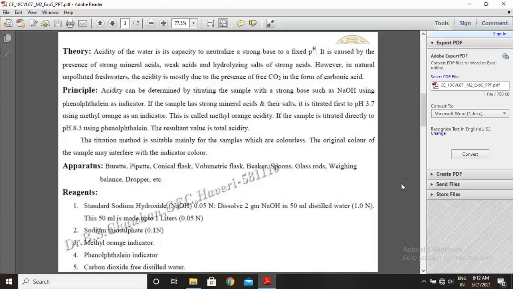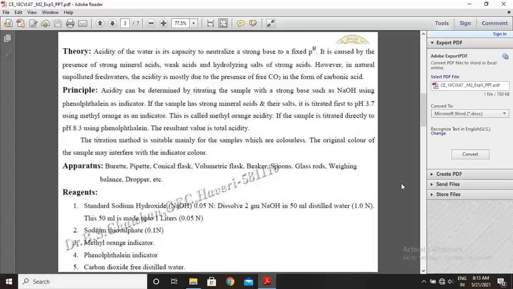What is the principle of this experiment? Acidity can be determined by titrating the sample with a strong base such as sodium hydroxide using phenolphthalein as indicator.